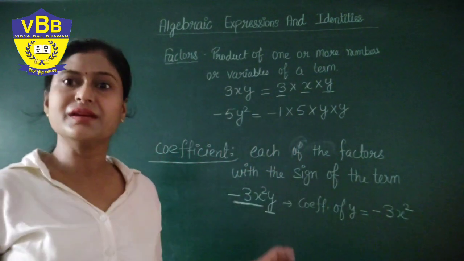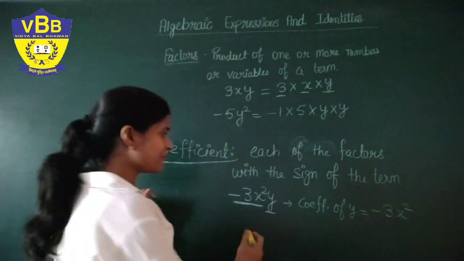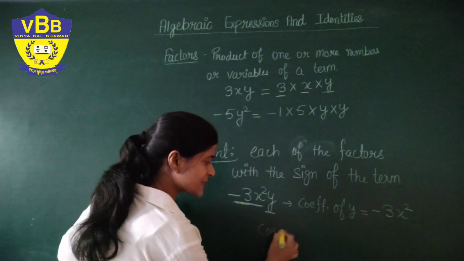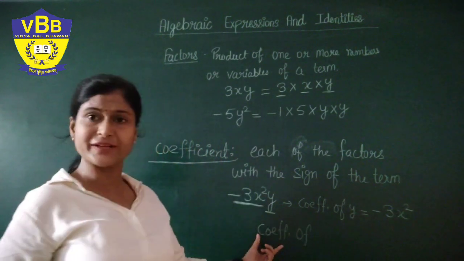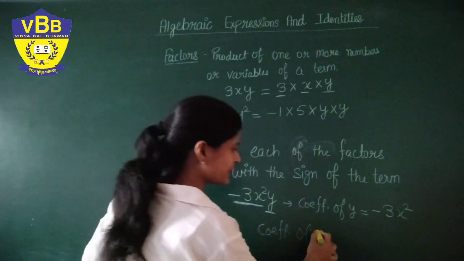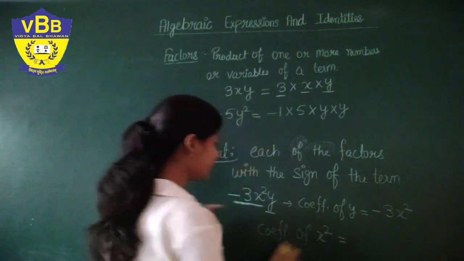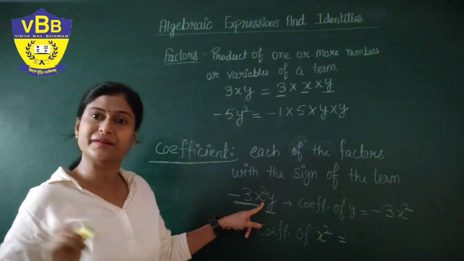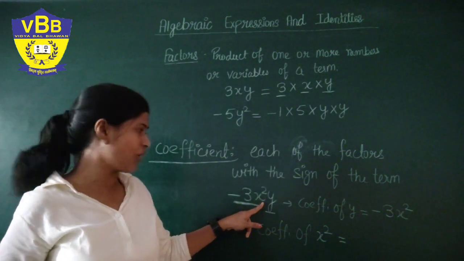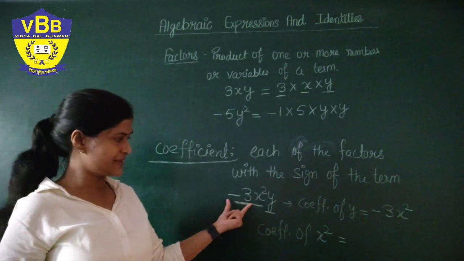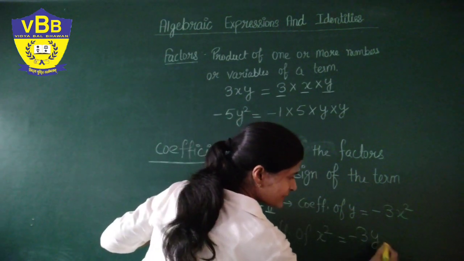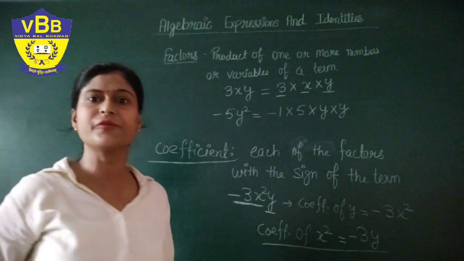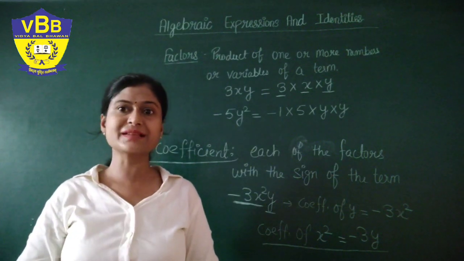If I am asking what is the coefficient of x square, leave x square. The rest part is the coefficient of x square. It means minus 3 and y is the coefficient of x square. I hope it is clear.